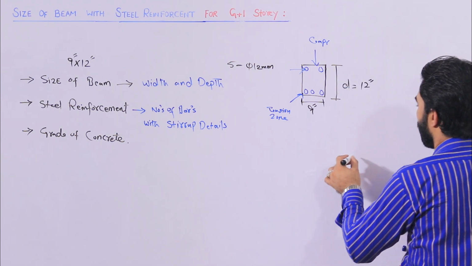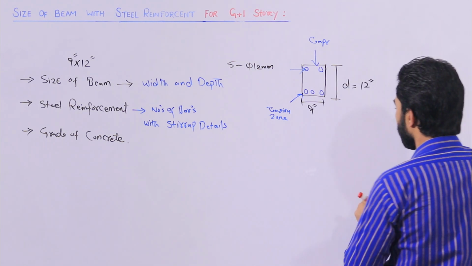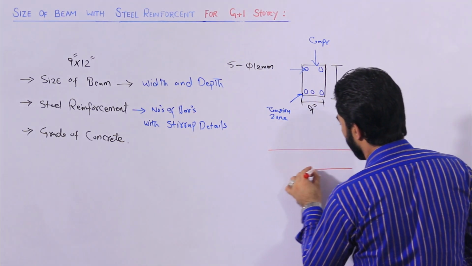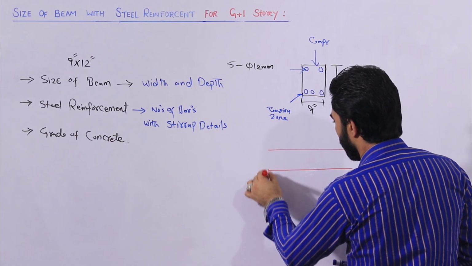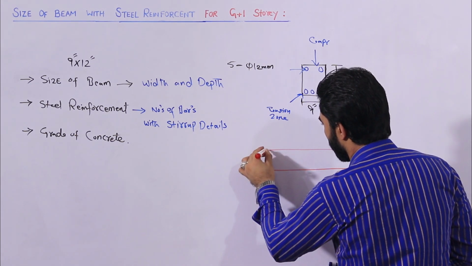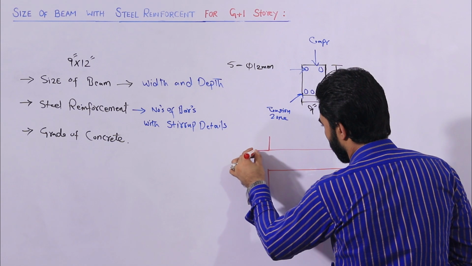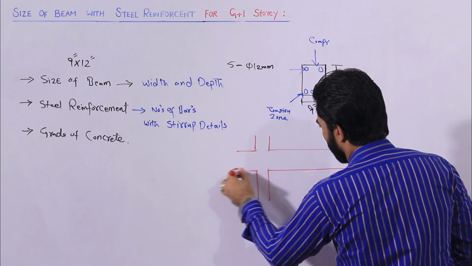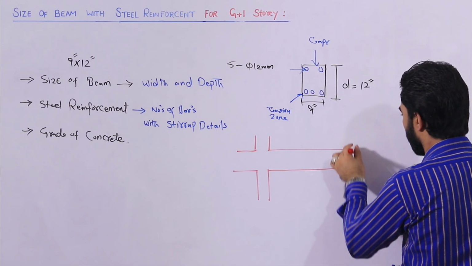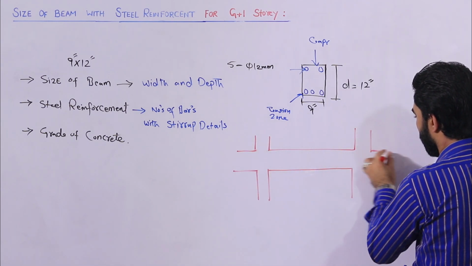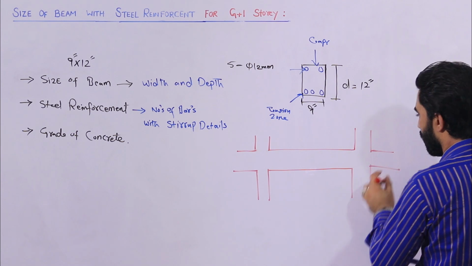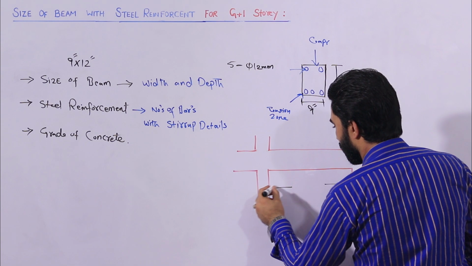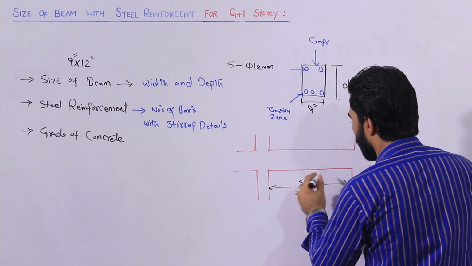Now come to its long section. So this is the plan, and here you can see the long section of the beam. Here these are columns. Here you can see the span of the beam.